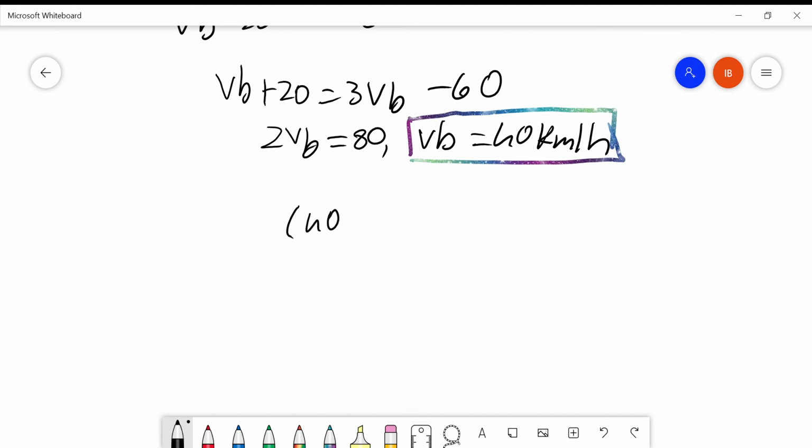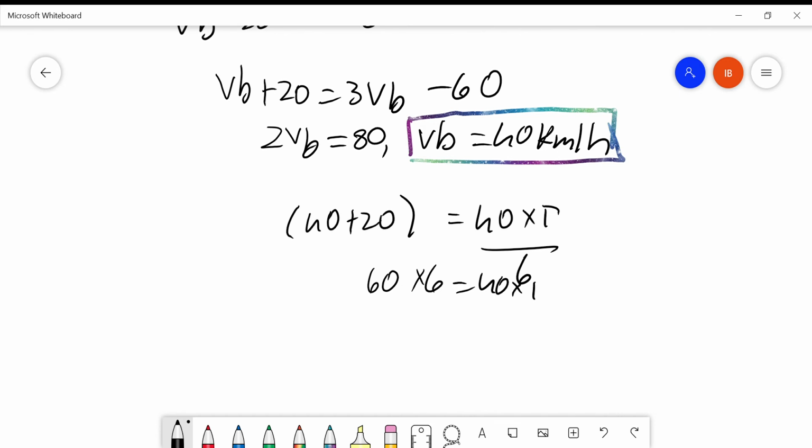So that's 40 plus 20 is equal to 40 into t divided by 6, and that's 60 into 6 is equal to 40 into t. Therefore t is equal to 360 divided by 40, which is 9 minutes. That is the final answer.